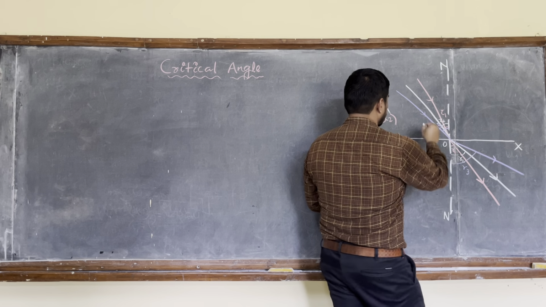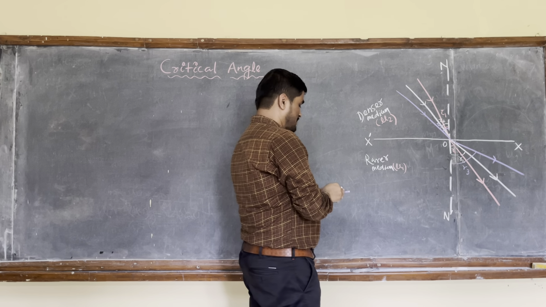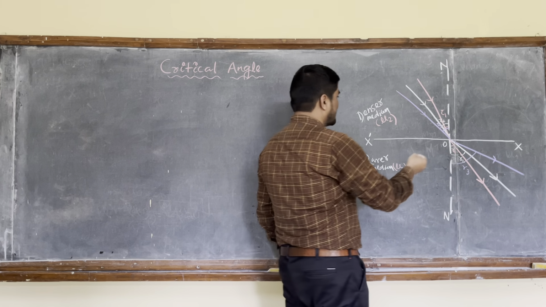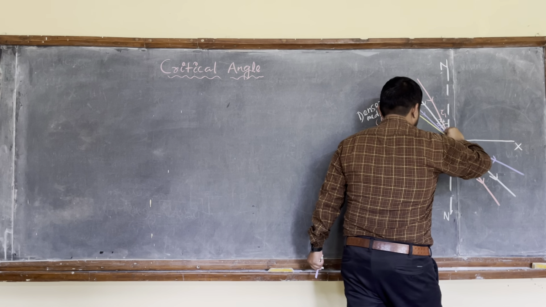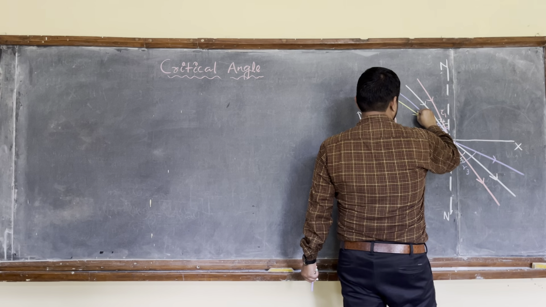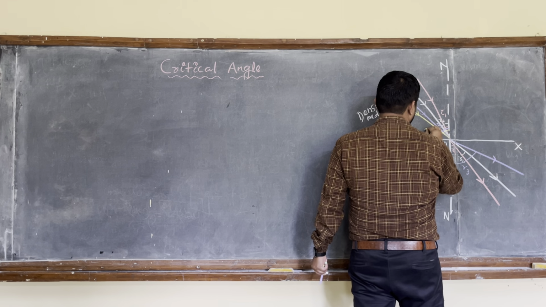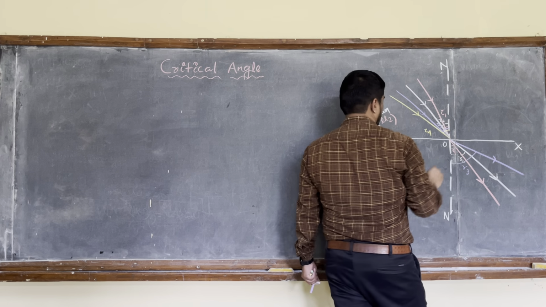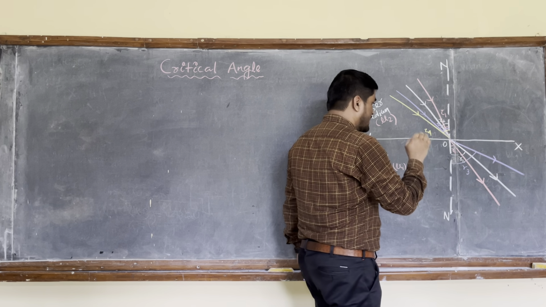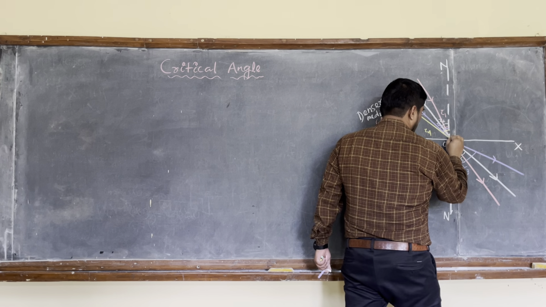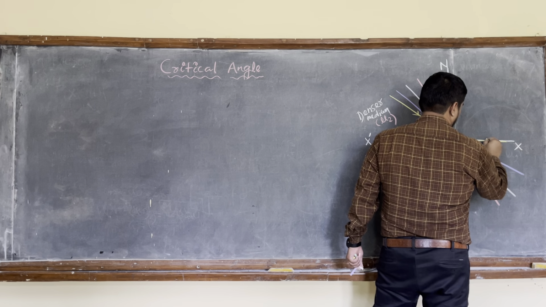And again, if you further increase the angle of incidence in the denser medium, and let this be the ray, and the angle of incidence is I4, here you can observe the refracted ray will make an angle of 90 degrees with the normal.